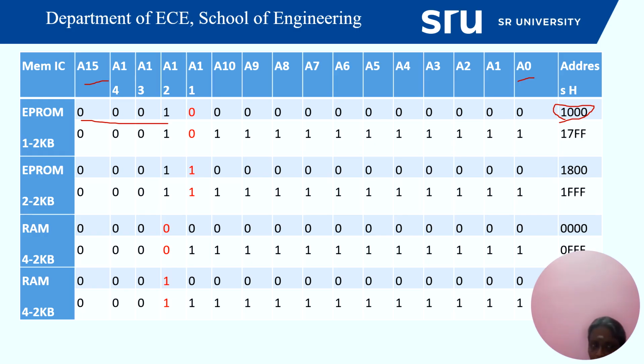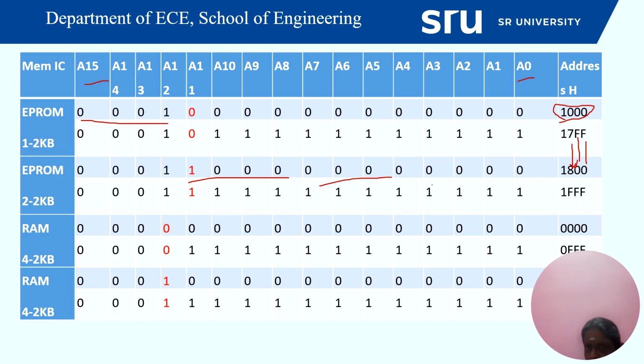And the next, EEPROM 2 in series. So what is the next address? 1, 7 becomes 8, F becomes 0, F becomes 0. And then we need to write the equivalent: 1 means 0001, 8 means 1000, and then 0, so all zeros.